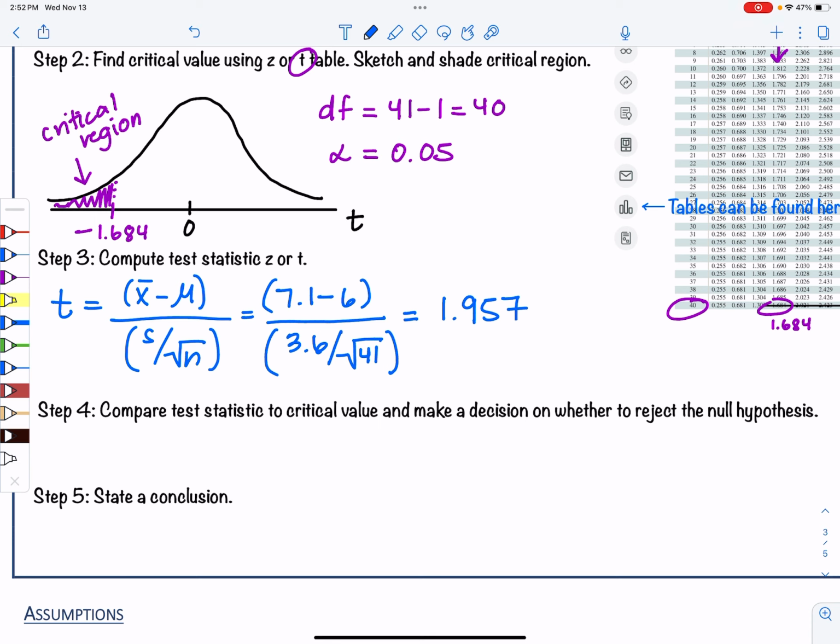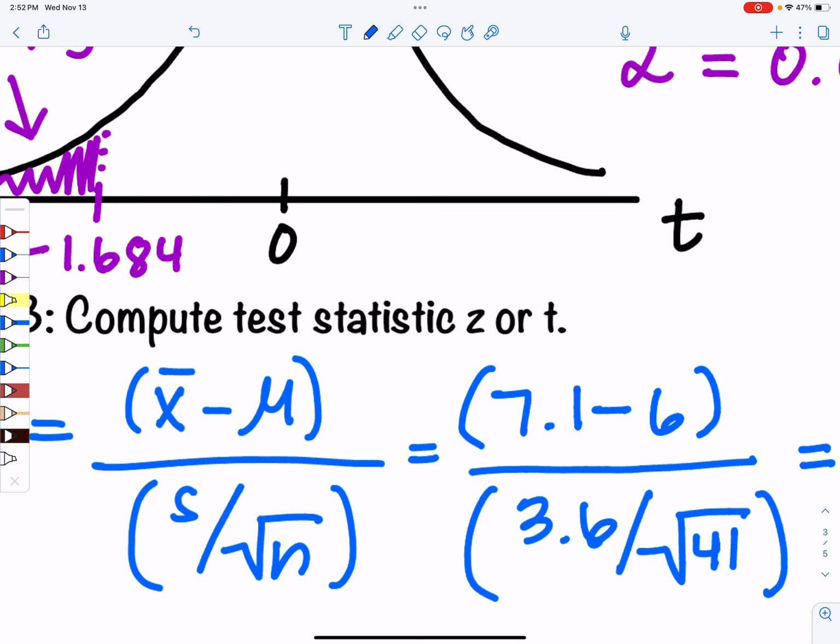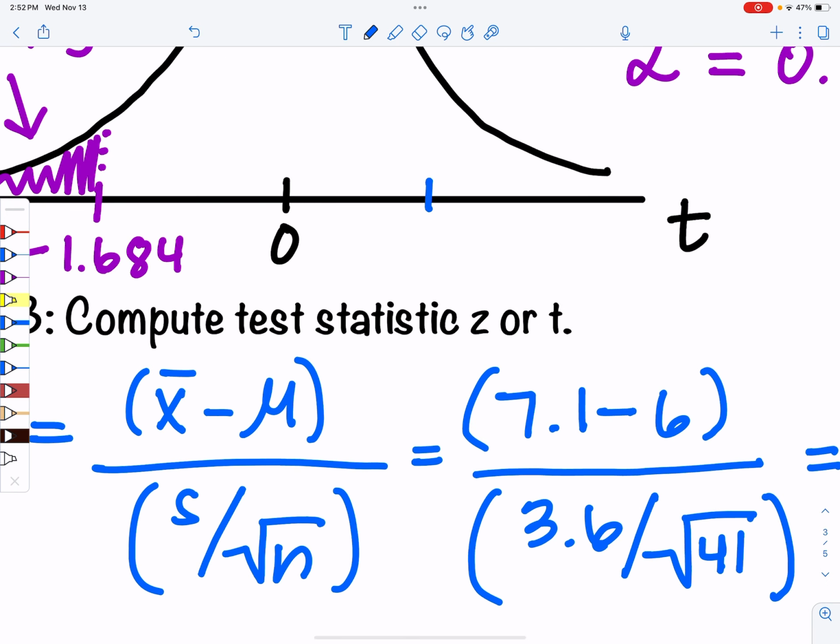All right, now remember how you make your decision. If that number is in the critical region, you reject the null. If it's not in the critical region, you fail to reject or do not reject the null. This one quite obviously is not in the critical region, right? It's nowhere near it because this is actually a positive number. So our test statistic is up here.